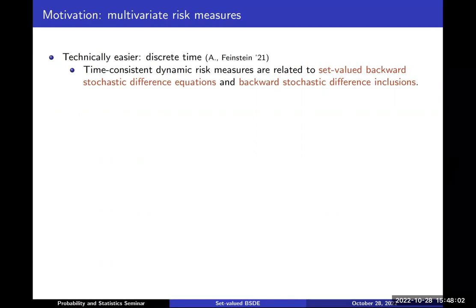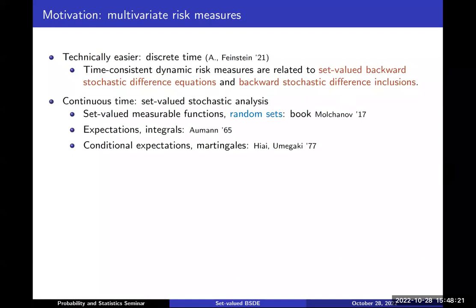So, set-valued backward stochastic difference equations, because they are in discrete time. Of course, one natural thing to do is to try to take their continuous time limits, which is something that we currently work on. But otherwise, one might also directly start from continuous time.